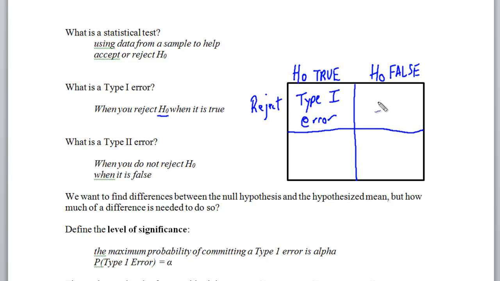What I should have done is I should have accepted the fact that this was true. Now the book will put down "do not reject," which is a fancy way of saying to accept.